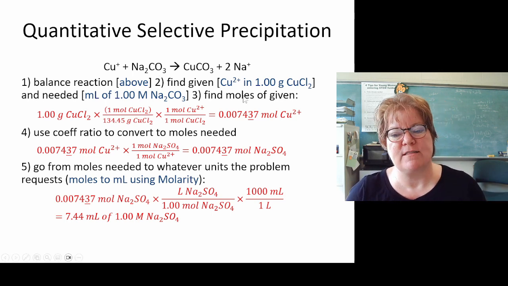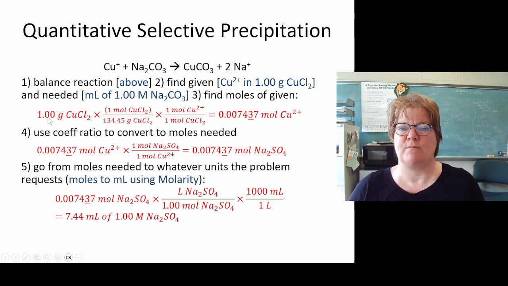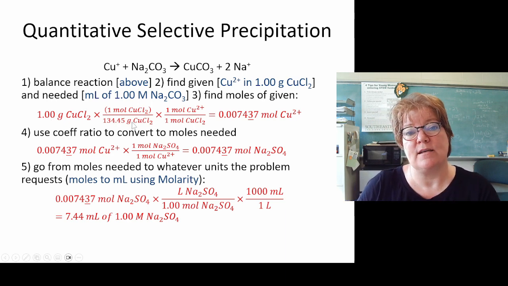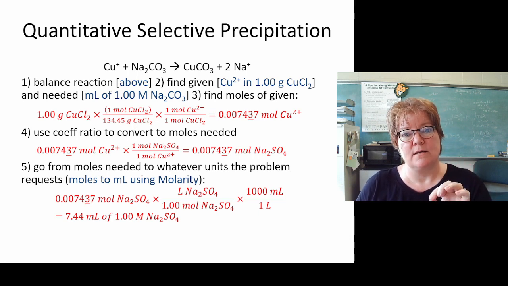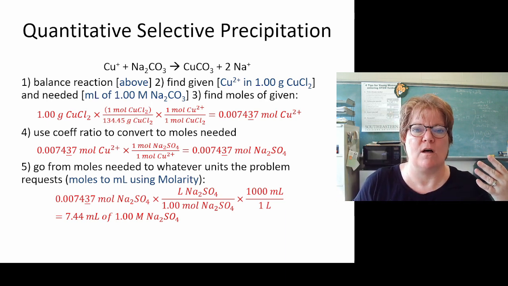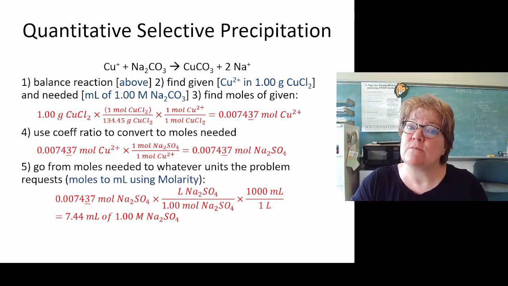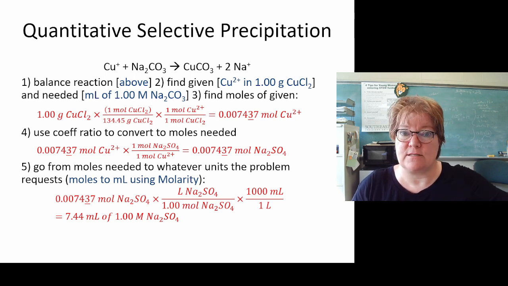And then I'm going to find the moles of the given. Since the given is the copper in the copper chloride, I'm going to start with my 1 gram of copper chloride, divide by its molar mass. But now I have to recognize, because the subscript of copper in copper chloride is 1, that each mole of copper chloride will get me 1 mole of copper 2 ion. If there was a subscript of 2 or 3, I now have to consider that subscript.